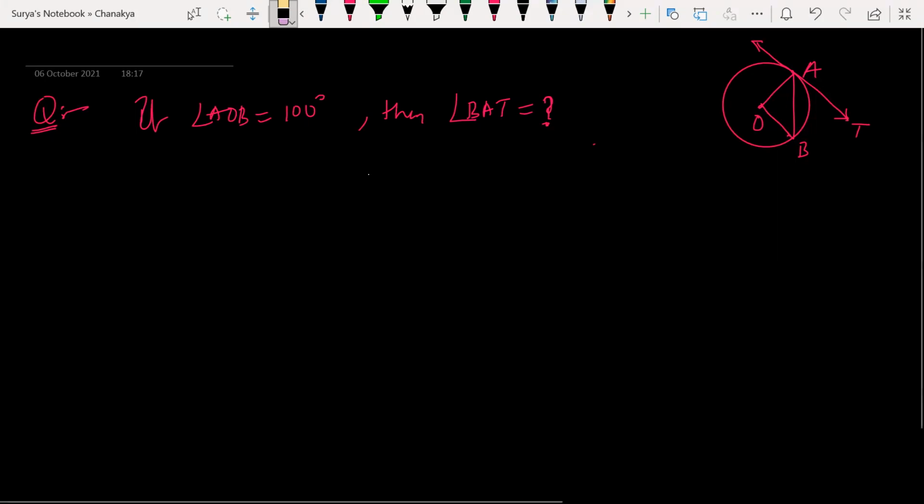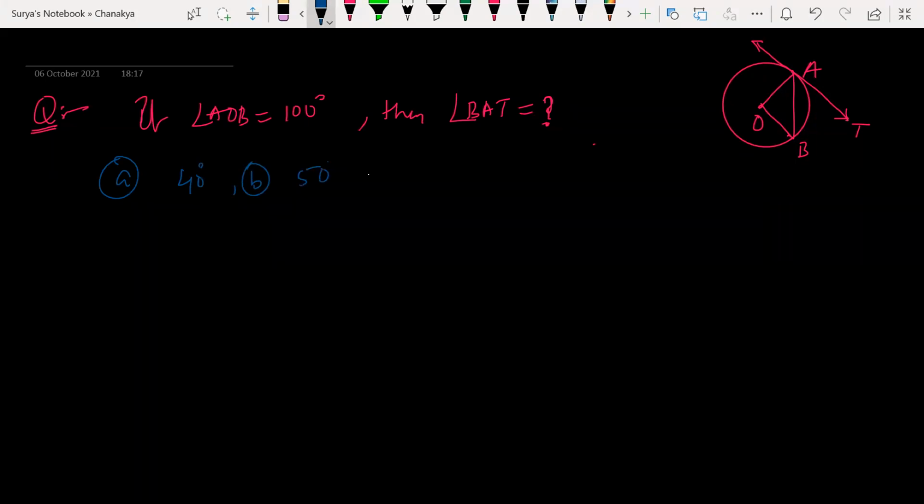Tell me the options. What is option A? 40. Option B? 50. Option C, 60. Option D, 70. I think I gave this question, a similar type of question, in the last class.